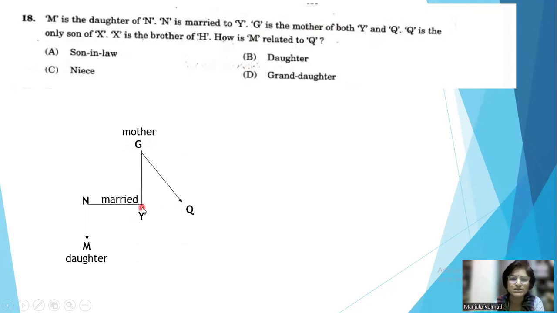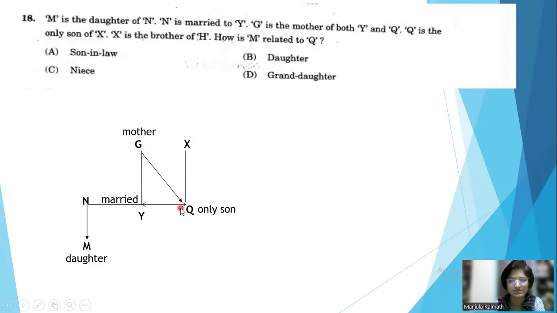What is the relationship between Y and Q? Both are brother and sister, or brothers, so I can show the relation like this. Next, Q is the only son of X. Now you can notice that G is the mother of both Y and Q, and Q is the only son of X, which means these are not siblings.